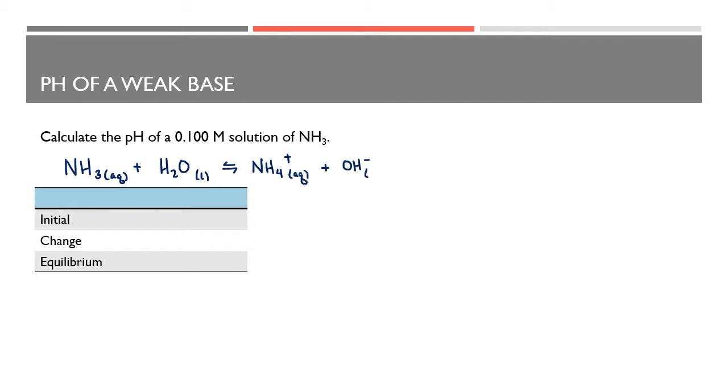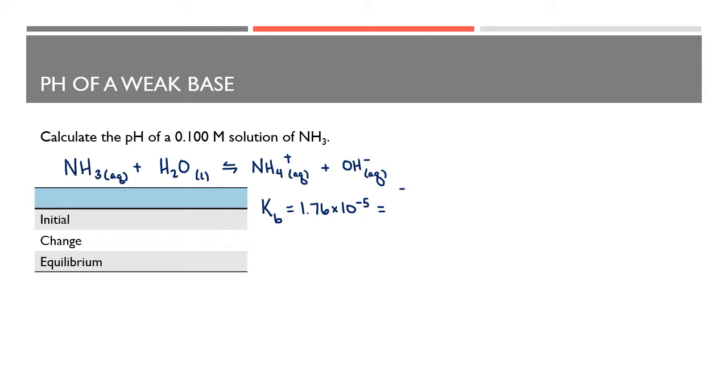That's the ammonium ion, and OH negative, which is what we will really be measuring for our base measurements. The Kb of NH3 is 1.76 times 10 to the negative fifth.